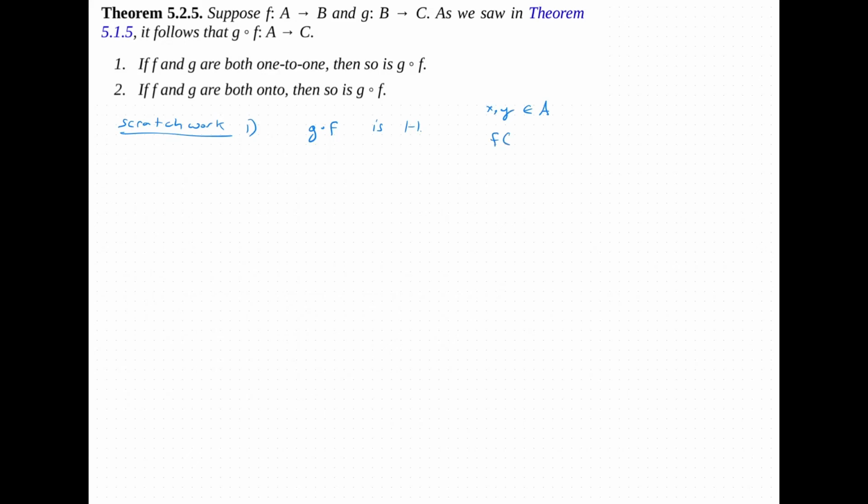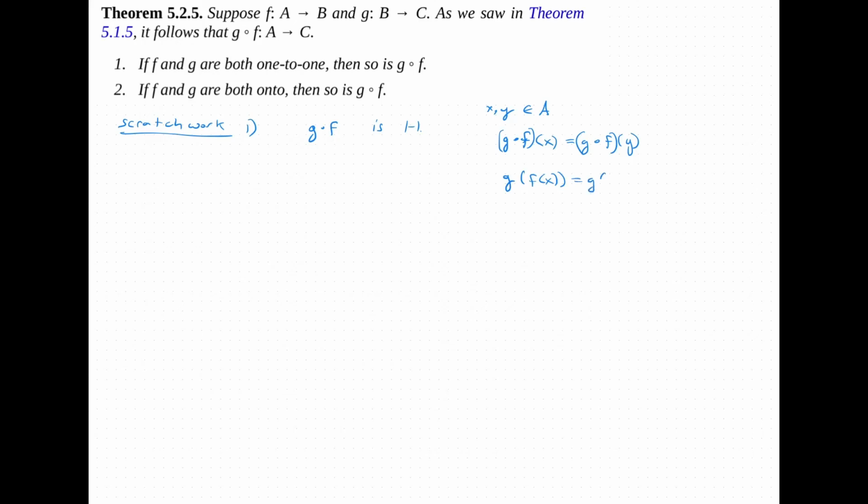So let's go ahead and say we have g compose f of x equals g compose f of y. And by definition of 1 to 1, and the theorem we saw earlier, it suffices to show that x is exactly y. So how do we go about this? Well, by definition, this is g of f of x.